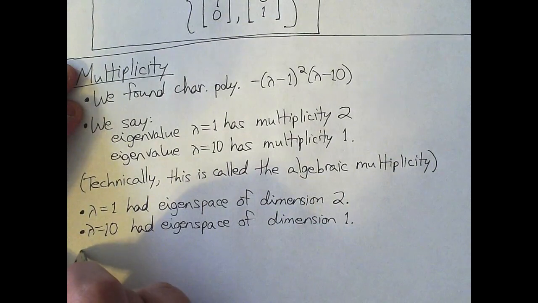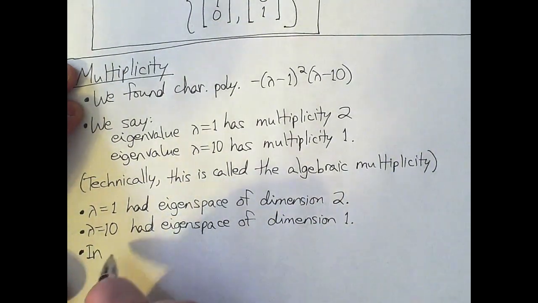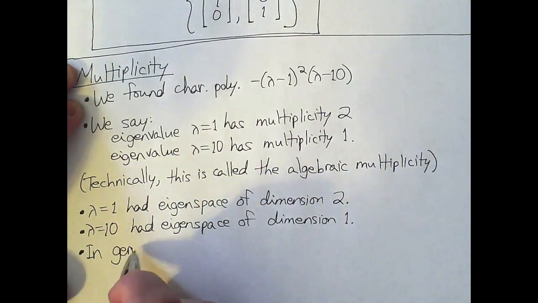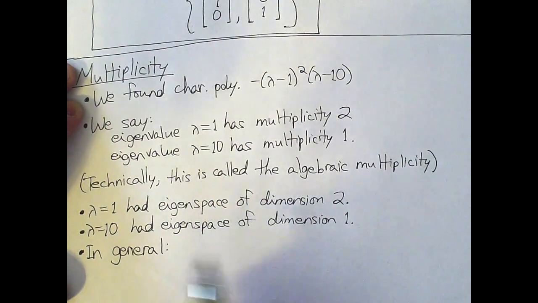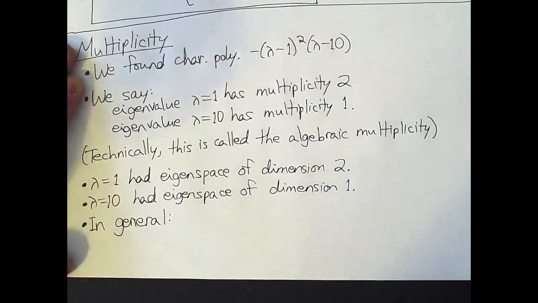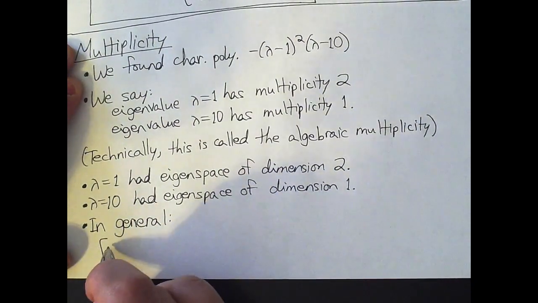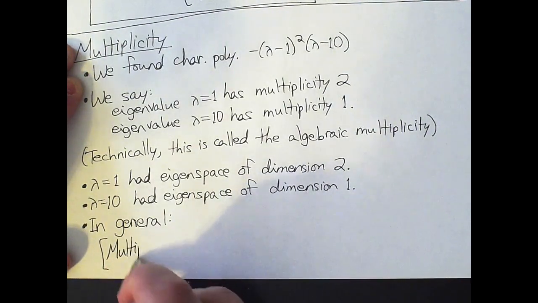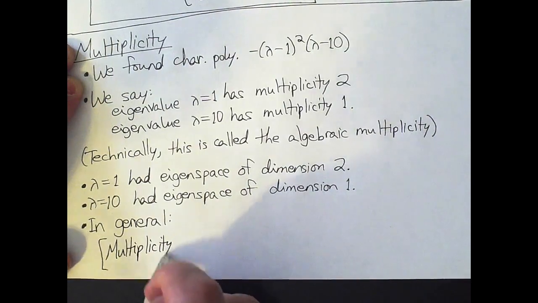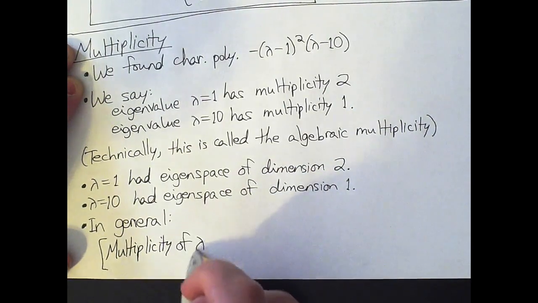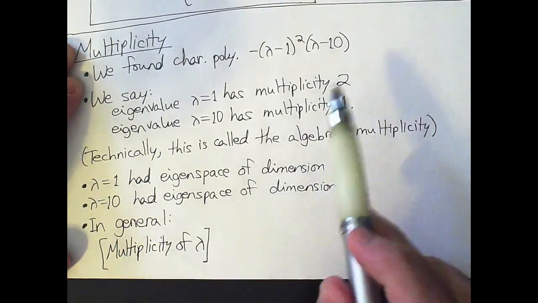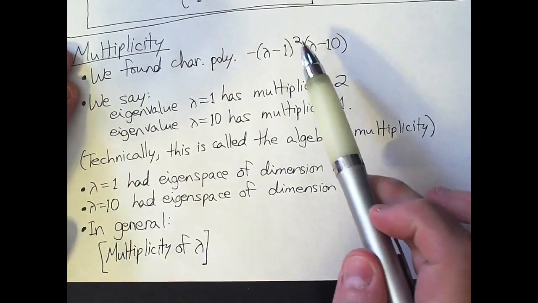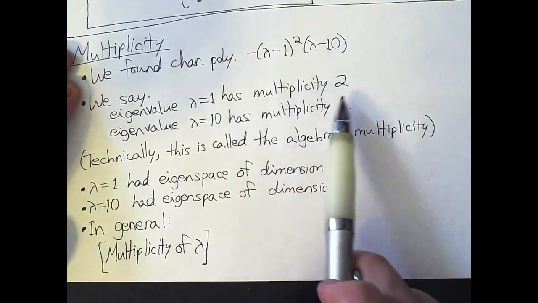So to answer this in general, the multiplicity of lambda, and by multiplicity I mean, as we discussed above, what we get from the polynomial, this factor appeared twice.